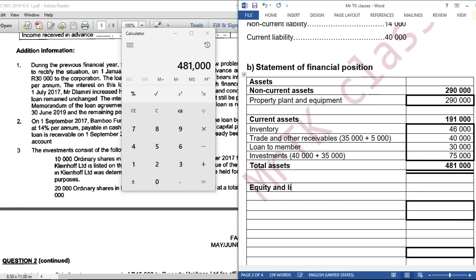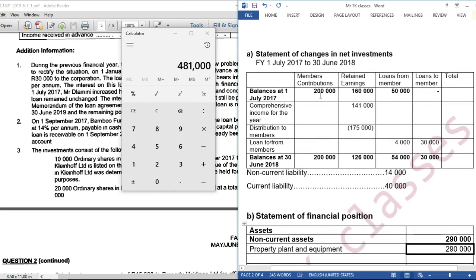Equity and liabilities section. All right, so we have total equity, which has members' contributions. I remember doing it here.